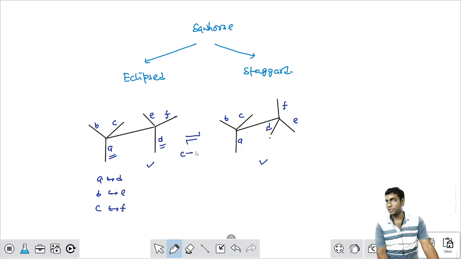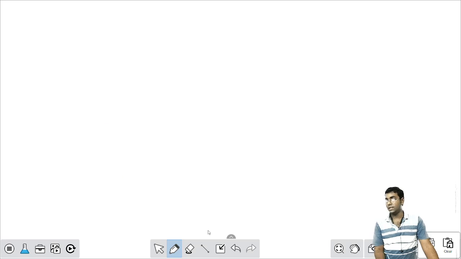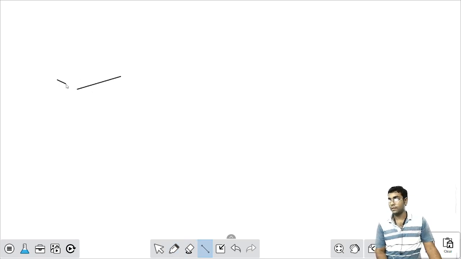So if we do C-C bond rotation, they can be interconverted. Okay, so let's look at the C-C bond rotation and the interconversion between eclipsed and staggered conformers. They are called conformers. Okay, so let's see the eclipsed conformer.